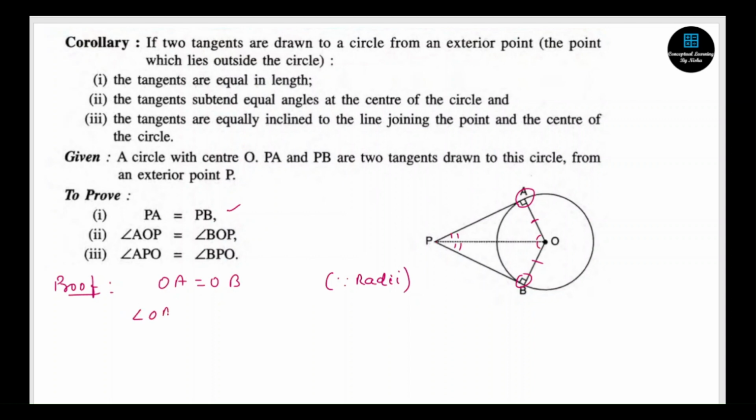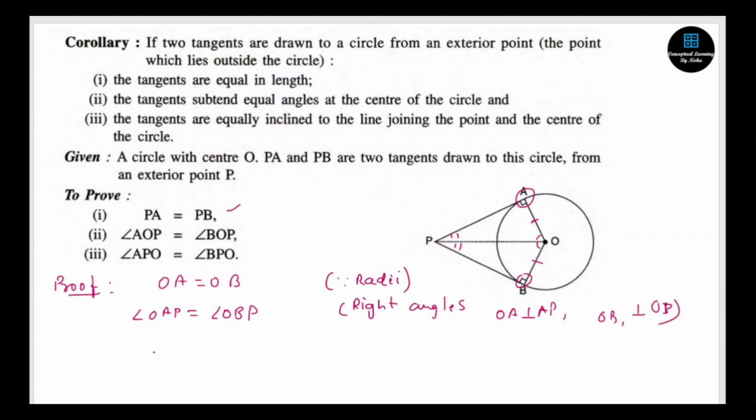So angle OAP equals angle OBP because they are right angles. Why are they right angles? Because OA is perpendicular to AP and OB is perpendicular to BP. We just proved that, the theorem.